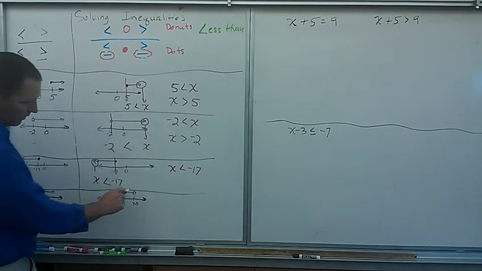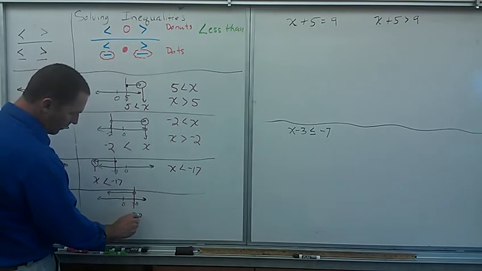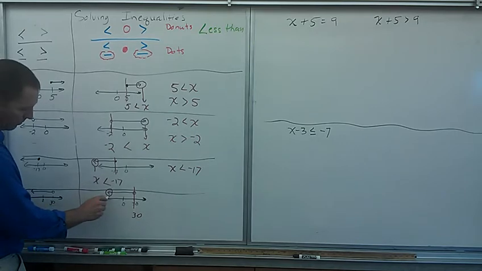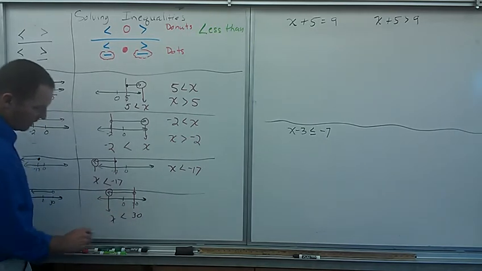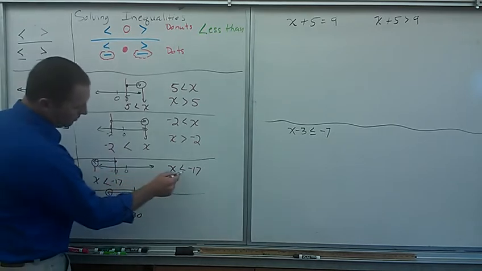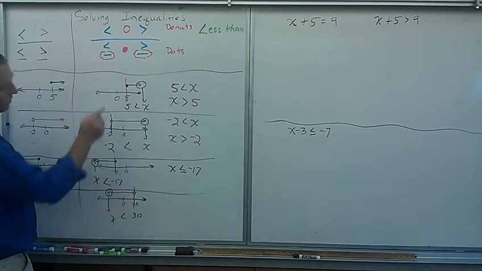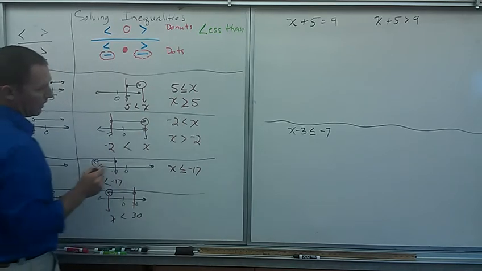And for the last one here, underneath my dividing point, I'm going to write 30. Underneath my arrow, I write X. I always use the less than symbol. I need to go back and check this one actually. That one was equal to. I missed that. Equal to, so it should be less than or equal to. That also is an equal to, so it should be an equal to underneath there.